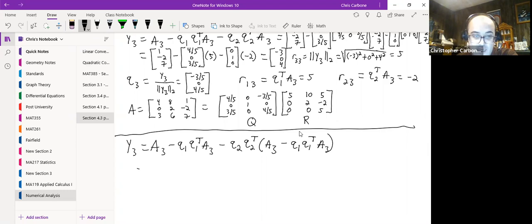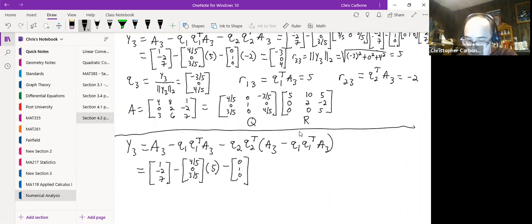Written out as an equation, this will give us the values here of 1, -2, 7, minus 4/5, 0, 3/5 times the value of 5, which we found from above, minus 0, 1, 0.